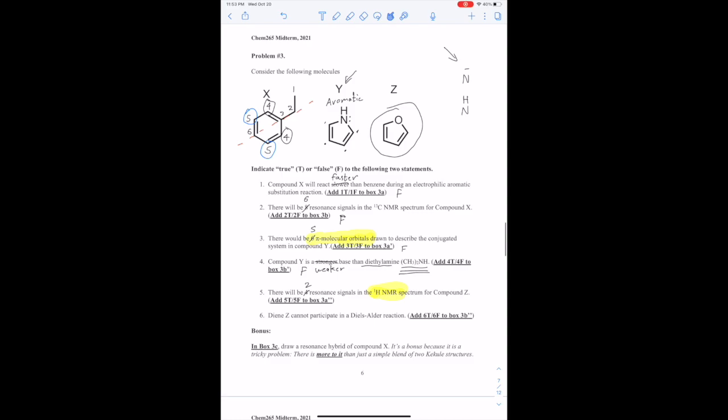So instead of being a 6 carbon ring, it's a 5 carbon ring, and that means this is a plausible diene, and it can undergo a Diels-Alder reaction. So the true answer would be can, but we want to label this as false. So all of these answers are false.